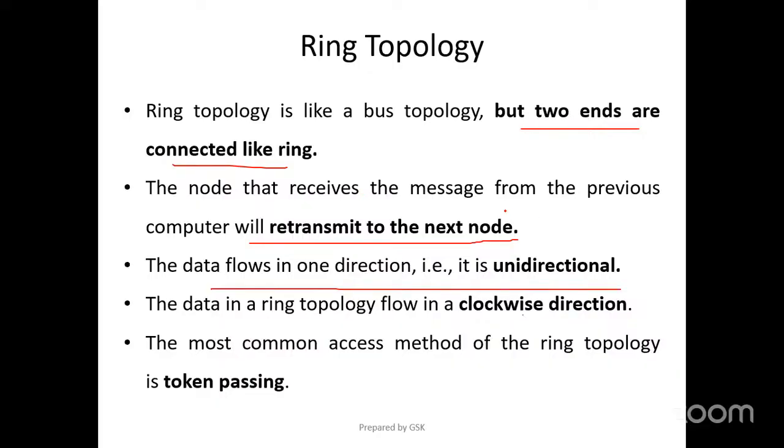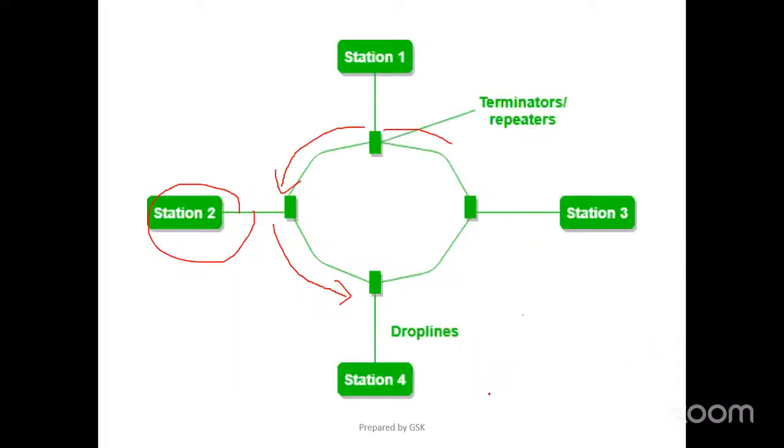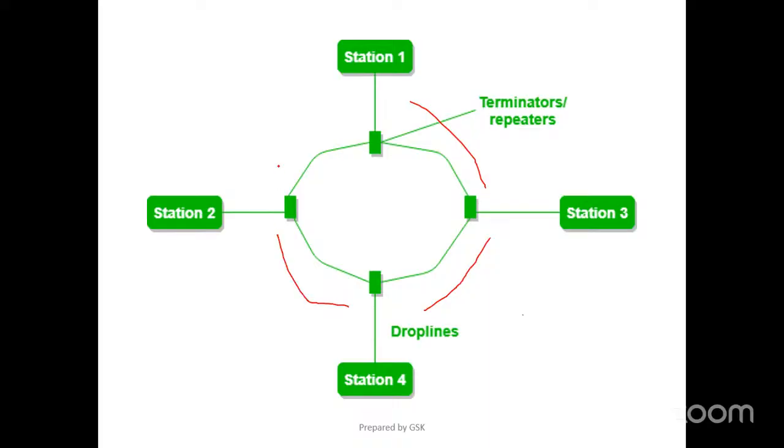The data in the ring topology flows in a clockwise direction. Generally, it is used to transfer the data in the clockwise direction, like this.